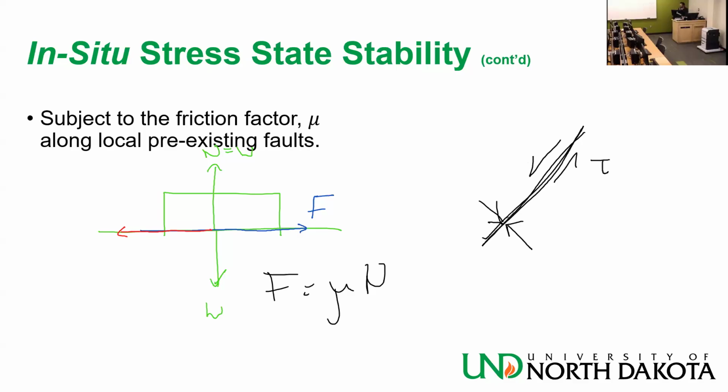The fault plates are held together using sigma n. If you do get slippage, it means that tau exceeds mu sigma n. So it's the same thing, basically. It's just that they didn't tell us in high school that the force that we applied to make the box move is shear.